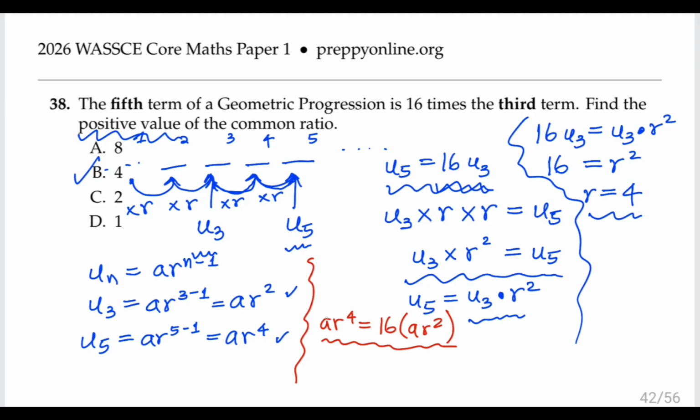We have a on the left and a on the right, so we can divide through by a. We also have r squared on the right, and we have r to the fourth on the left, so we can divide both sides by r squared. If you do that, this r squared goes away, and this r to the fourth now changes to r squared. So you now have to solve the equation r squared equals 16. And if r squared equals 16, then r must be 4. Again, it can be plus or minus 4, but we only want the positive value of r.